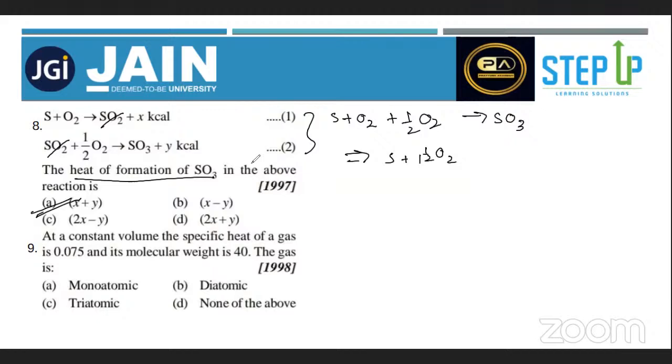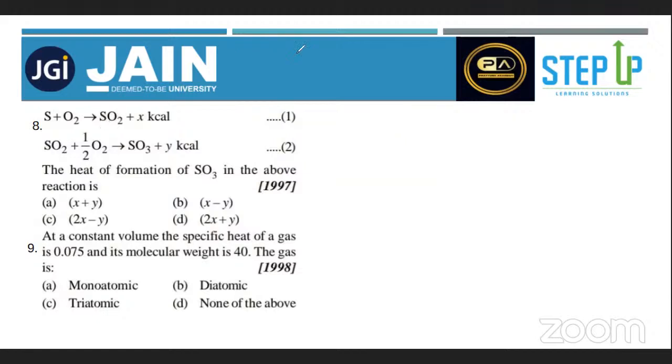Number 9. Slide number 9. Okay, if I'm trying to solve this question, they have said that at constant volume, the specific heat of the gas is 0.075.